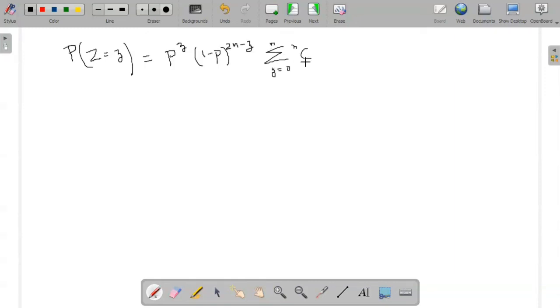nC z minus y and nC y, where z can take values from 0, 1, 2 up to 2n.